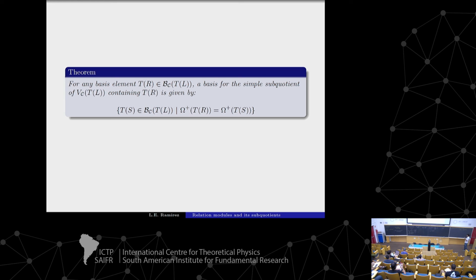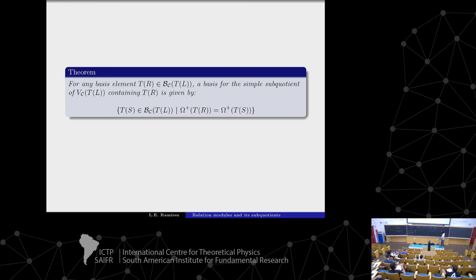And what about the simple subquotient? If you have a tableau, I want a basis for the simple subquotient contained in this tableau. So you start with this tableau T of R, and the simple subquotient. What does it mean?